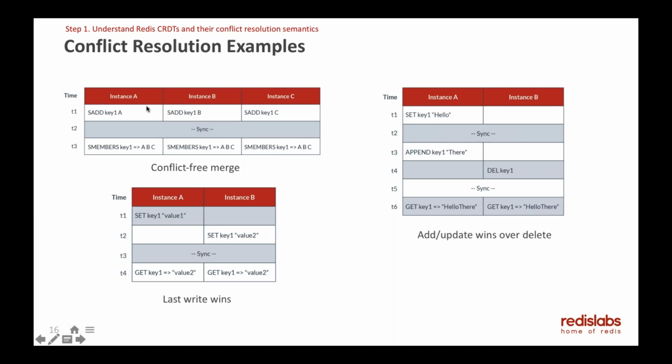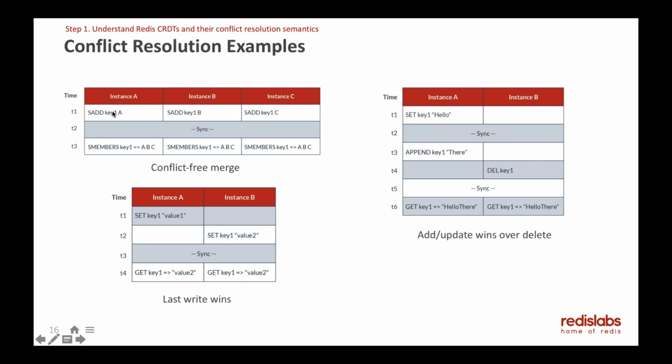So if you take this example for conflict resolution, for the first one, I'm doing an SADD. SADD is set add. So I'm adding an element A to key 1, and at the same time, I'm adding element B to the same set key 1, and I'm adding element C to the same set key 1 at instance C. All these things are happening in parallel, and when Redis Enterprise syncs up, this set key 1 will do a conflict-free merge.